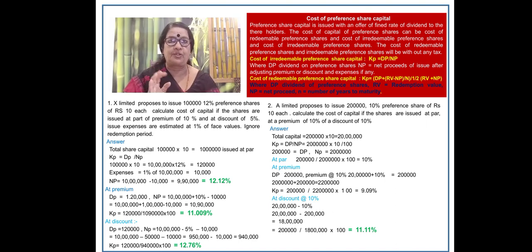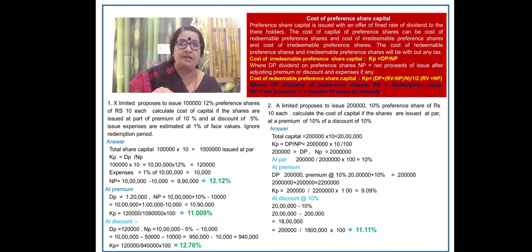Here it will be KP equal to, you can see the PowerPoint, it is given clearly: DP plus (RV minus NP) divided by N, whole divided by half into (RV plus NP), where DP equal to dividend on preference shares, RV equal to redemption value, NP equal to net proceeds after adjusting premium or discount or any processing cost, and N equal to number of years to maturity. In the first case, N is not there because it is irredeemable. Here it is clearly specified, N is the number of years to maturity.